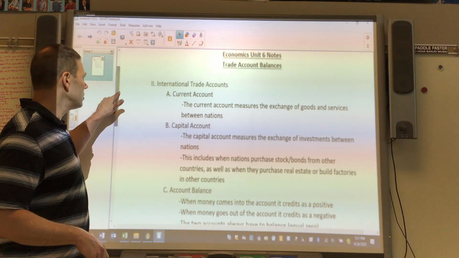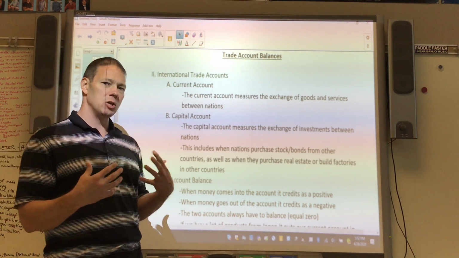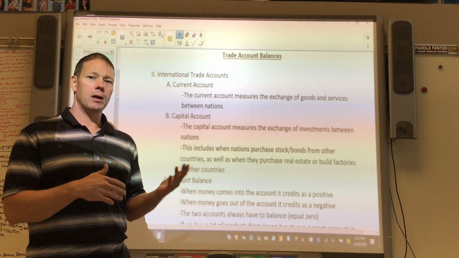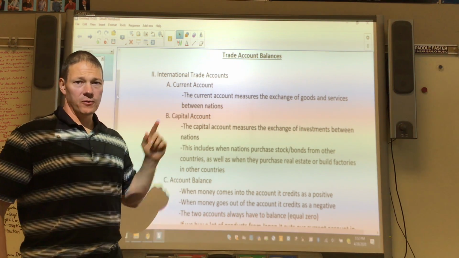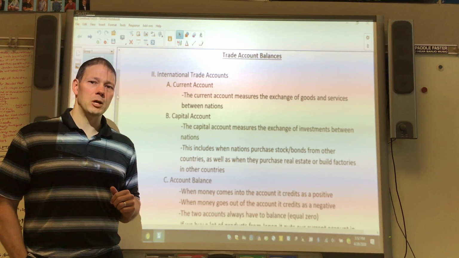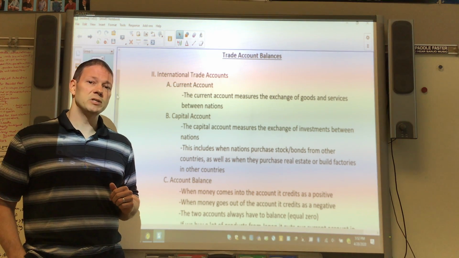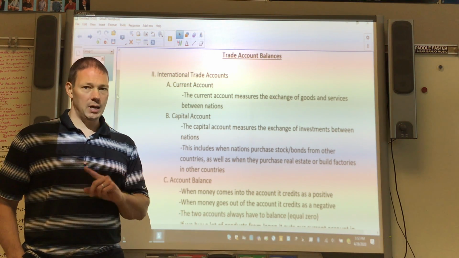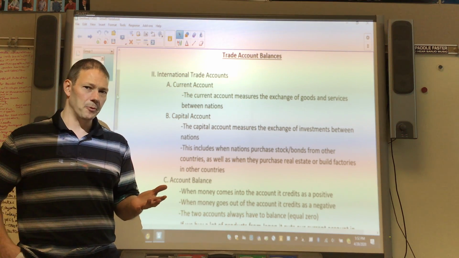So, there are two types of trade accounts. When we make an exchange with another nation, it gets credited in one of two accounts. The first account is what's known as the current account. The current account measures the exchange of goods and services between nations. So this is pretty simple.